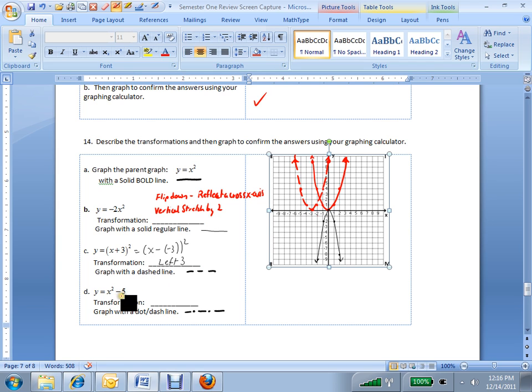Going to part D, the transformation, nothing is happening to the x, but I see a minus 5 on the end, so that would be a transformation of down 5. So what I'm going to do is go to my parent graph, go back to my basic graph here in the center, and everything will be the same except it needs to go down 5.